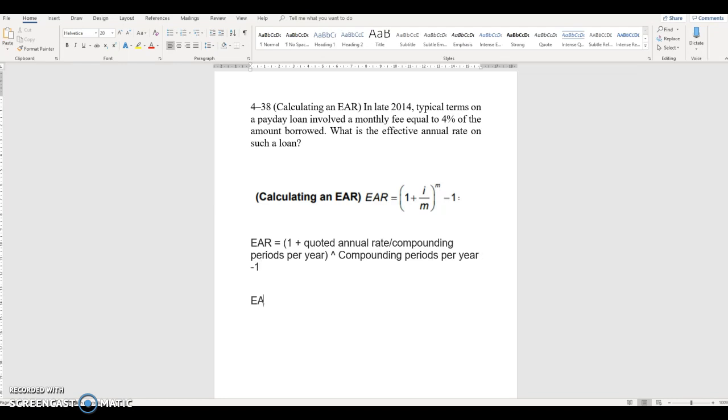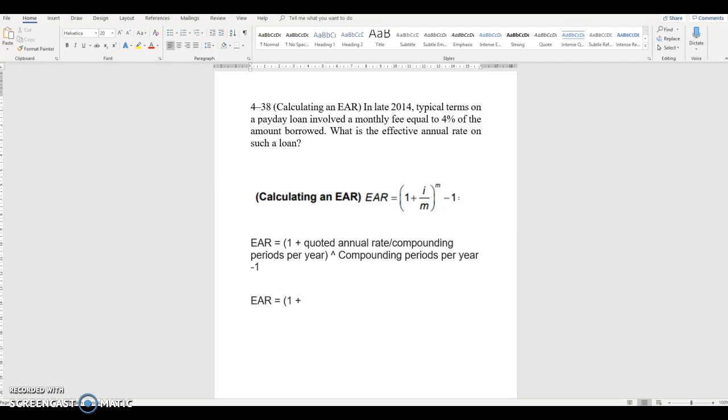So then to substitute into our formula, first off, quoted annual rate divided by compounding periods per year. If we knew what the annual rate was, 48%, we could divide it by the compounding periods per year of 12, because 12 months, but we don't need to actually do that calculation.